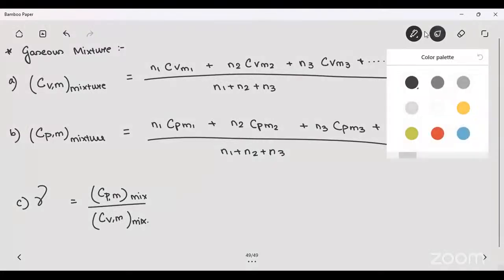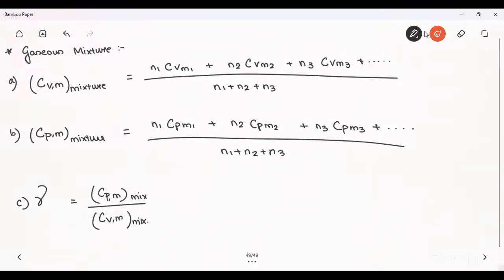Suppose there is a mixture and this mixture has 3 gases. Then we will calculate CVM for the first gas, CVM for the second gas, CVM for the third gas, each multiplied with its number of moles. Then we divide by the sum of the number of moles. Similarly, to calculate CPM, we calculate CPM1 of the first gas, CPM2 of the second gas, CPM3 of the third gas, and then do the summation with the total moles.